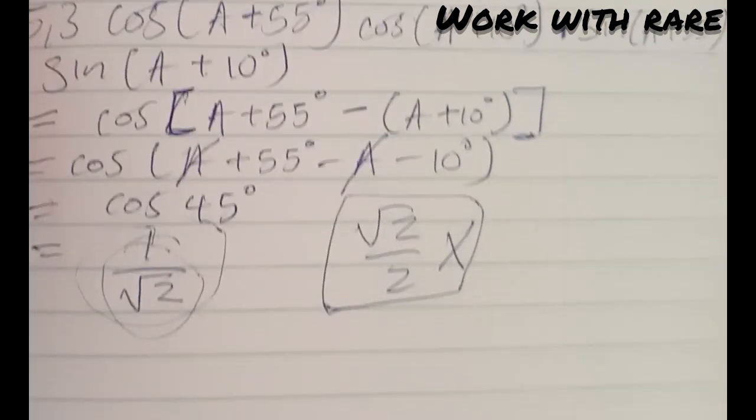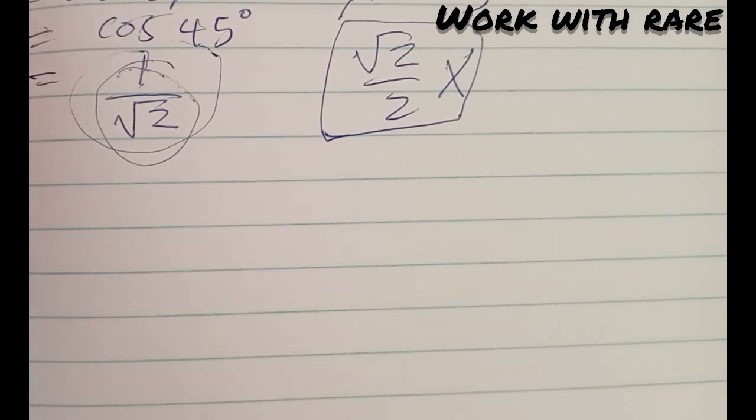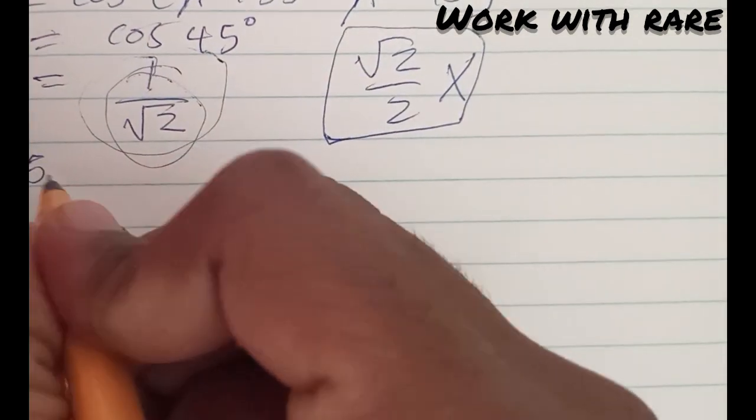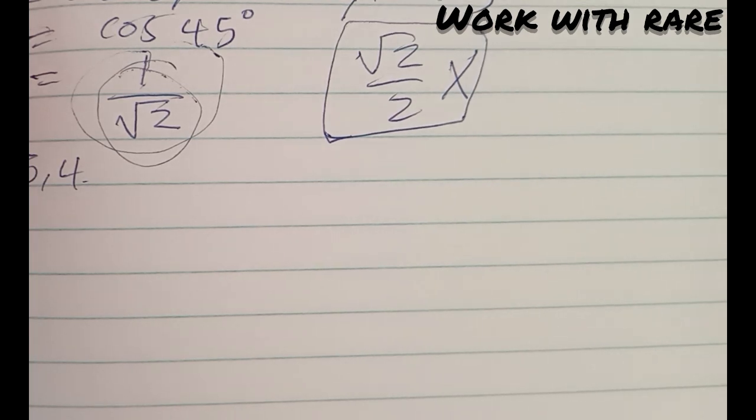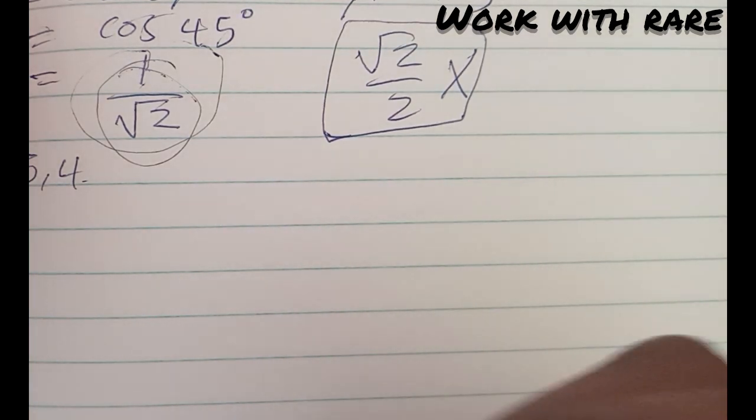The following question is 5.4, and it says prove the identity.